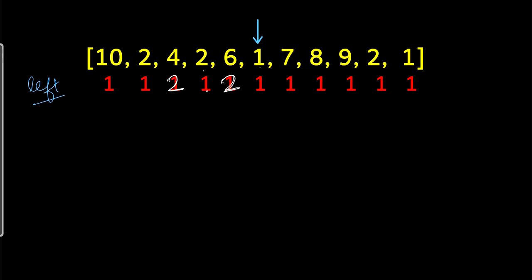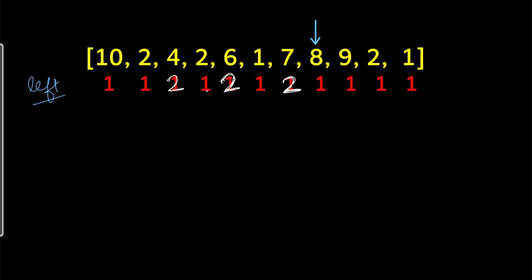Then for the next child, there is 1 rating. If I compare 1 with 6, it's less. So here this child would get only 1 candy. Then for the next child, 7 is greater than its left neighbor rating, which is 1. So he is supposed to get more candies than his left neighbor. So here it will be 1 + 1, 2.